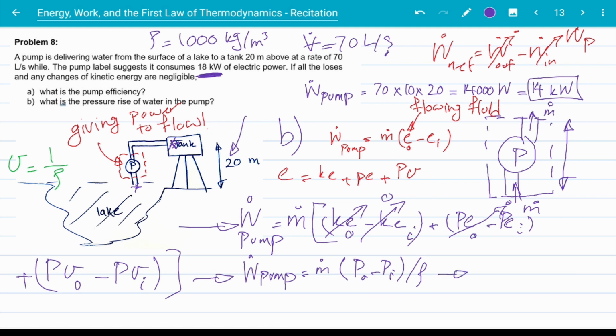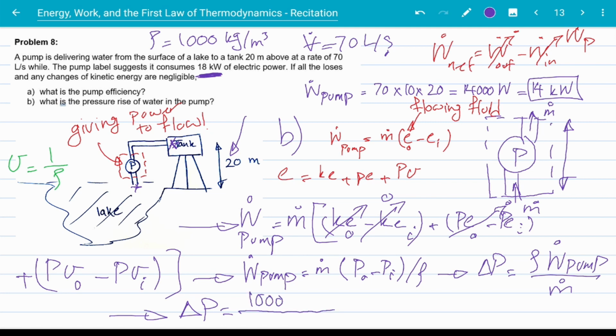So delta P is actually density times power of the pump over mass flow rate. Plugging in numbers, we get that delta P is 1000 times 14 over 70, which is 200 kilopascals.